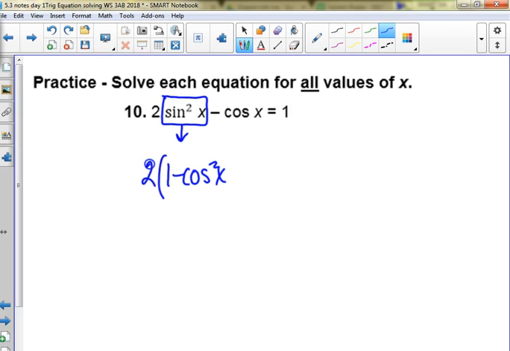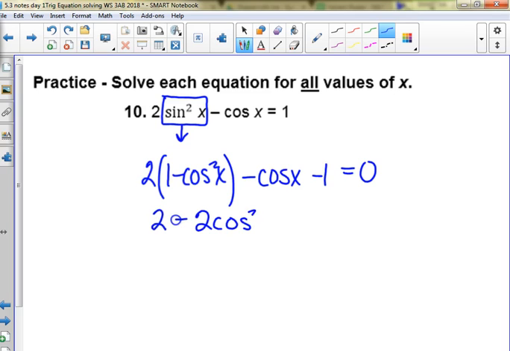Now, what does this sine squared have going on? It's got a 2 out in front of it, right? Can I move the 1 over to this side at the same time? I'm going to have to make it equal to 0. Okay. Well, I'm not sure that was a good plan. All right. Anyway, I'm going to distribute the 2. So this 2 and this minus 1 are going to add together and become a plus 1, right?